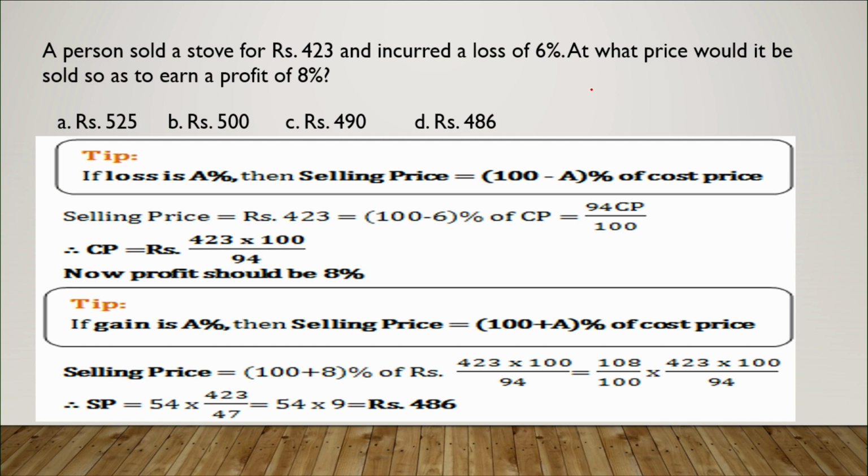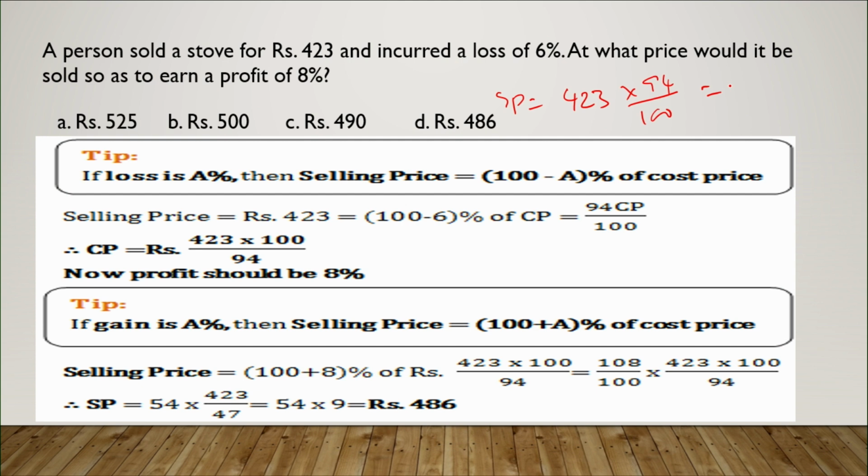So, what is given: 423, and the loss percent is 6, so here the selling price is equal to 423, which is 100 minus 6, that is 94 CP by 100.